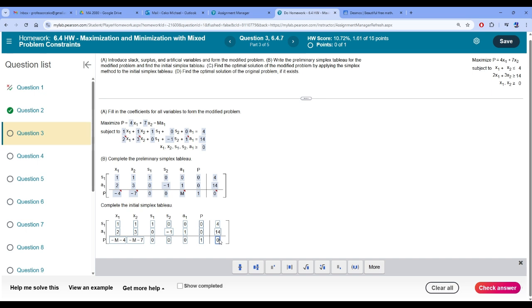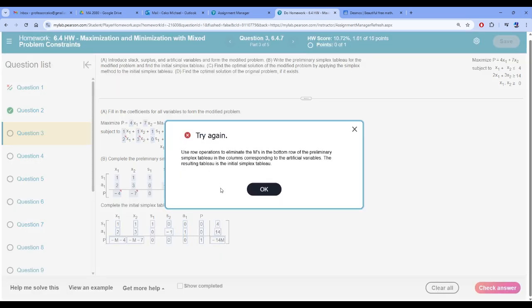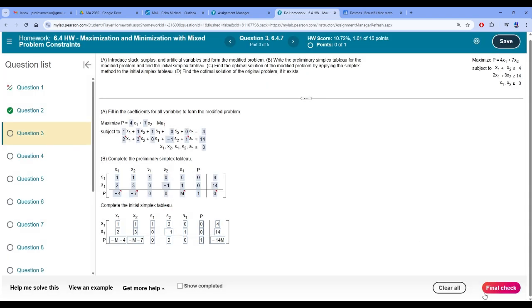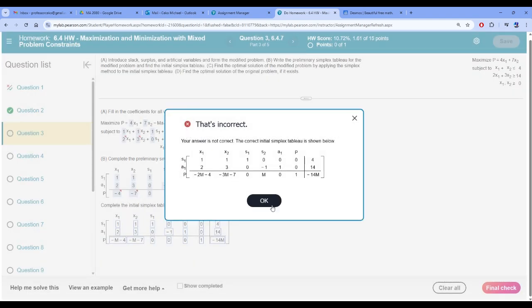No, so then let's try -14M. 2M, 3M. I see the numbers.